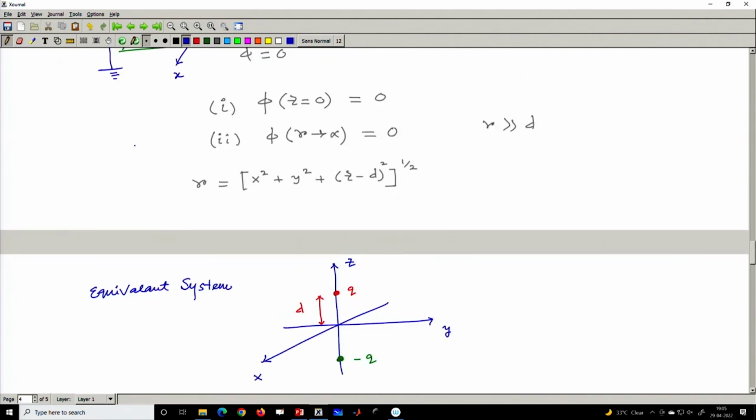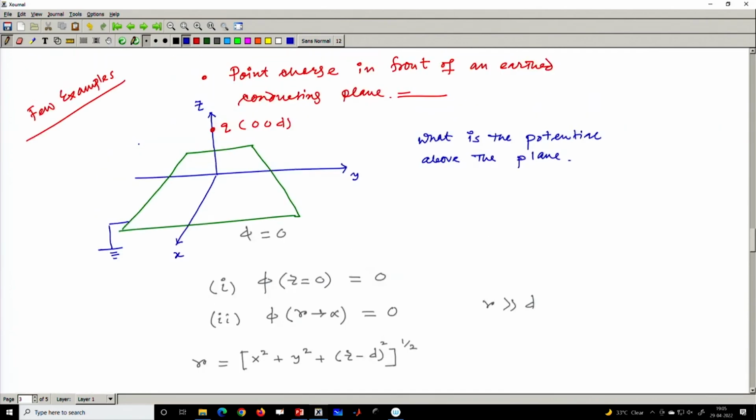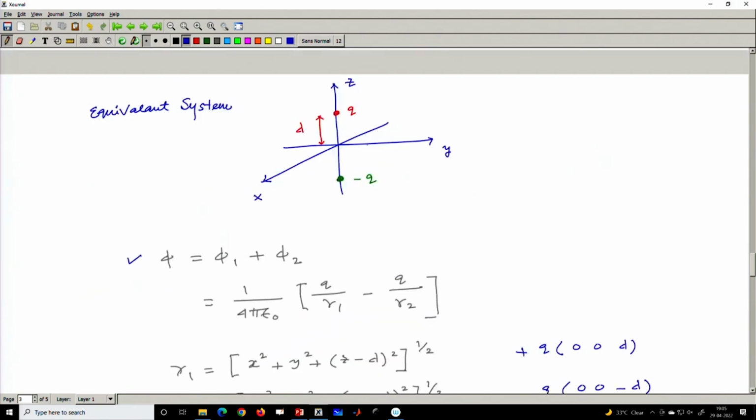Using this simple image method, we find that the potential at any point can be represented by making an equivalent system with a plus q and a minus q. Instead of having an infinite plane, I replace the entire infinite plane by an image. That is why it is called image, as if I have a mirror here and a plus q is imaged with a negative value.